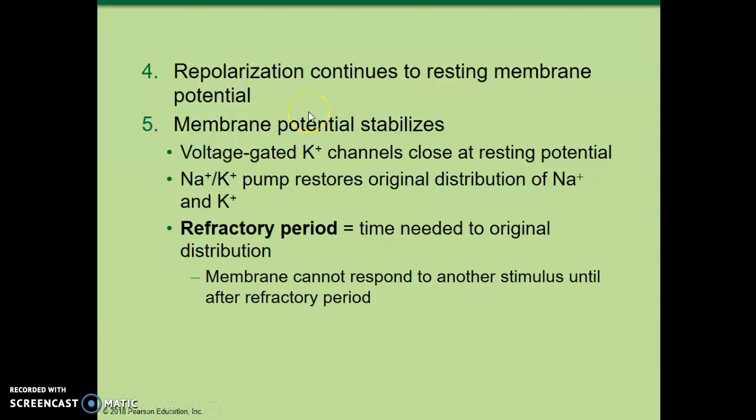Once resting potential is reached, that is, the cell has returned to pre-action potential state, those voltage-gated potassium channels will close, and now there's too much sodium in the cell and too little potassium, so the sodium-potassium pump returns the ions to the correct resting potential ions. The refractory period is the time needed to reach the original distribution of these ions, and the membrane will not respond to a stimulus until those ions have been restored to normal.